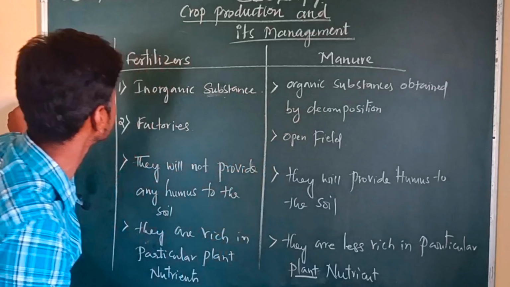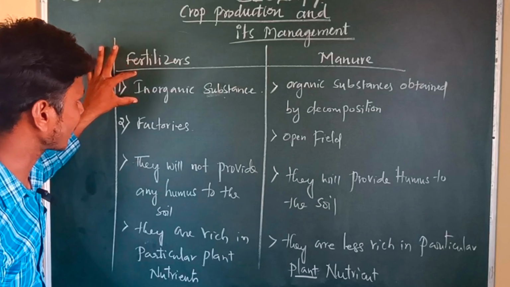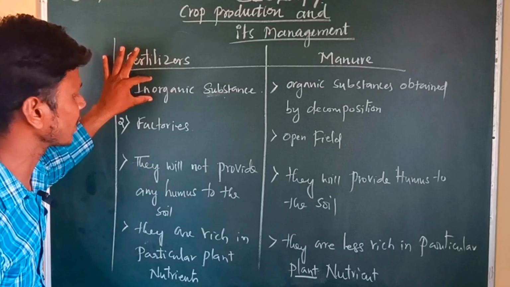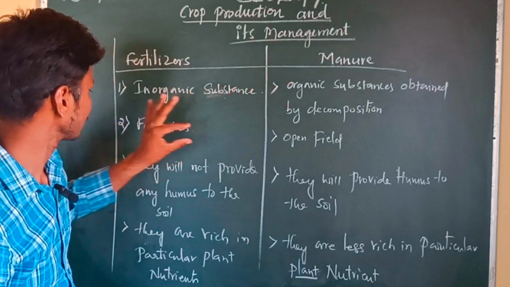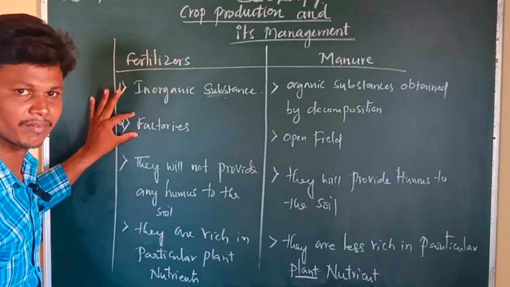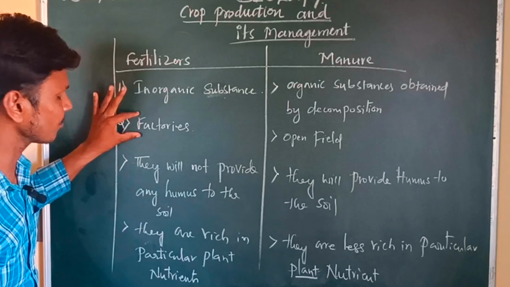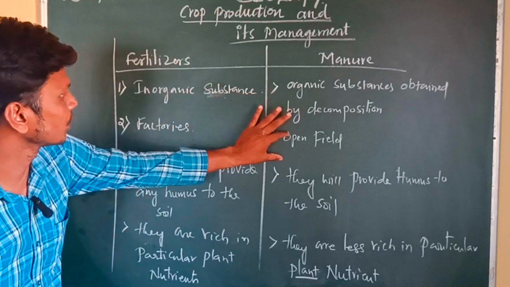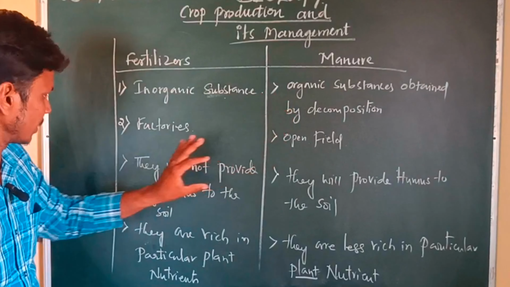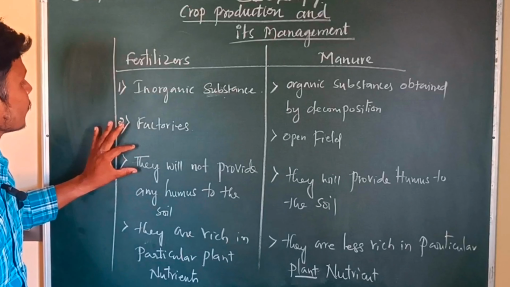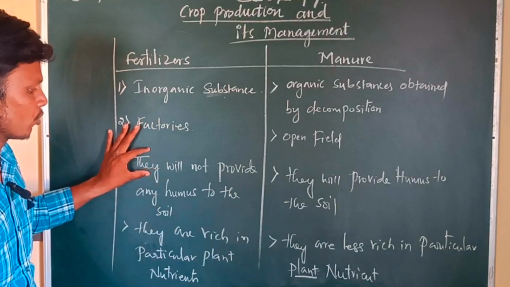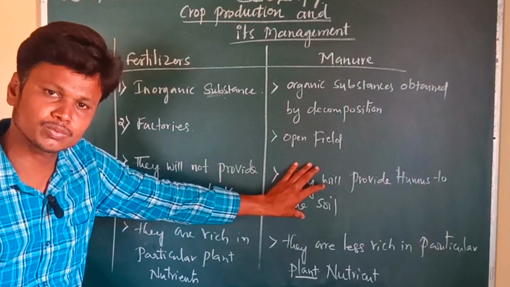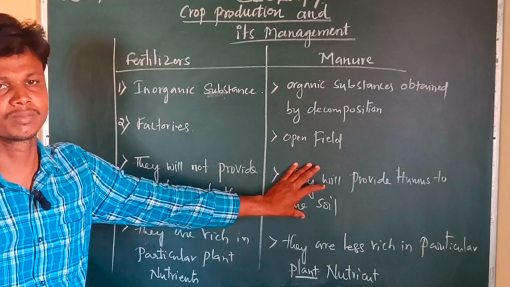So once again, just see here. Fertilizers are inorganic substances, whereas manures are organic substances. Fertilizers are made in factories or industries, whereas manure is made in open field. Fertilizers will not provide humus to the soil, whereas manures will provide humus to the soil.